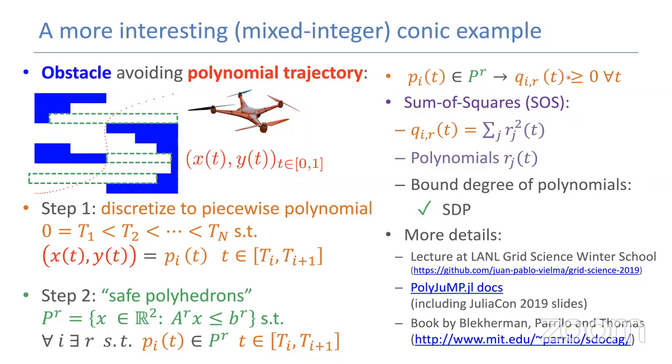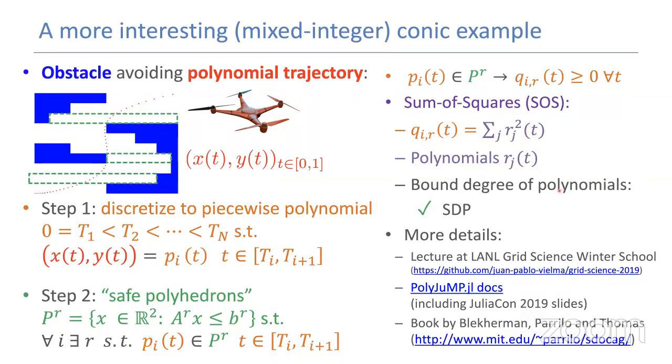So it still looks very infinite dimensional. It's kind of hard to work with, but there's a technique known as sum of squares, which basically tells you that if you want this polynomial to be non-negative in the interval, it's nearly equivalent to asking for it to be a sum of squares of some other polynomials.